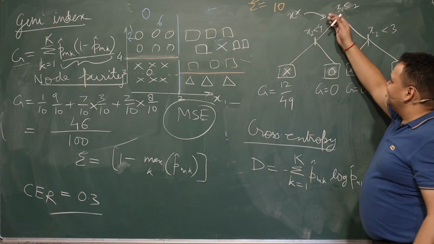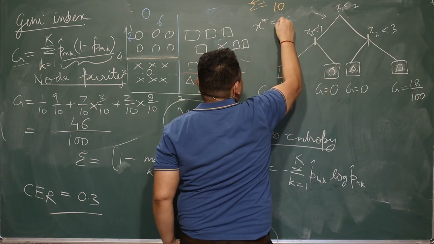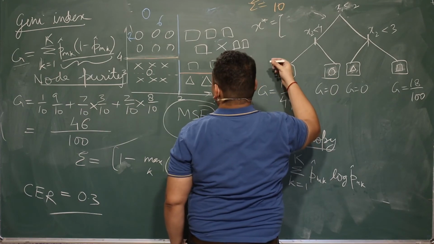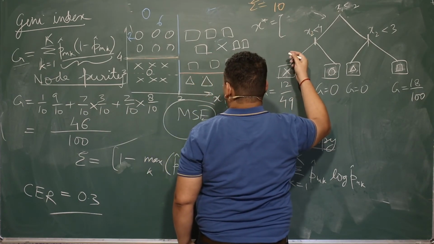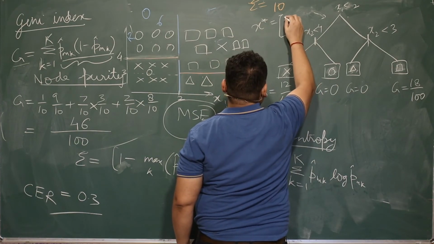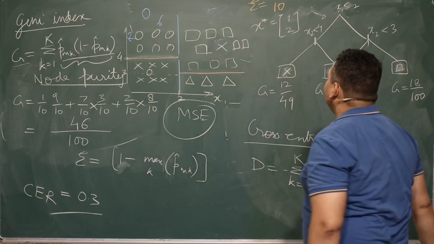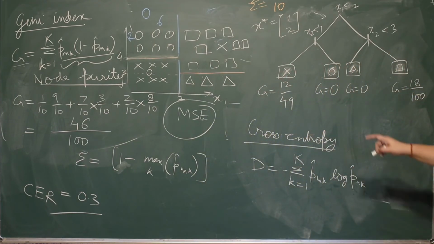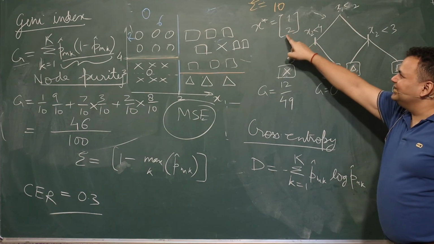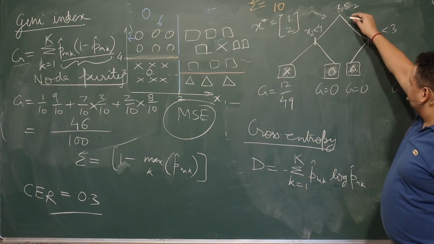Obviously, let us choose x star equal to the vector 1 and 2. So x1 is 1 and x2 is 2. You look at the first node.